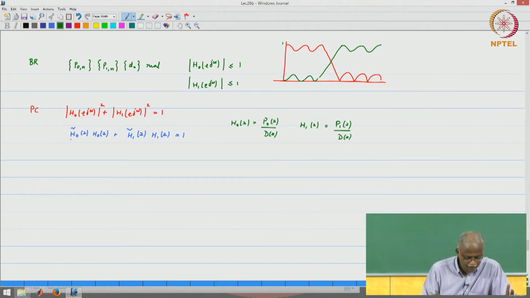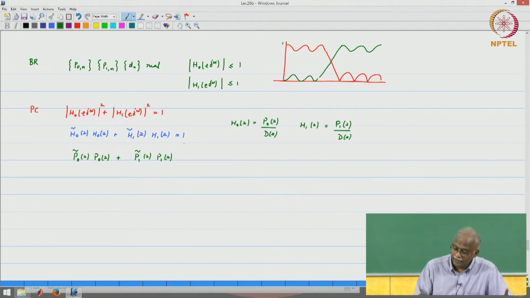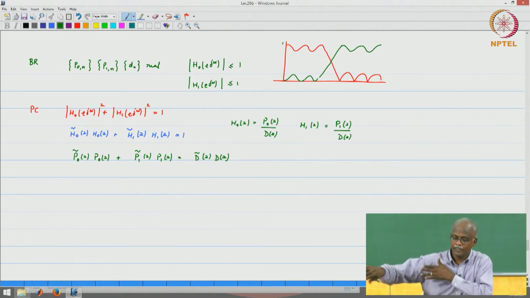Substituting into this, we get a very useful form, which is P0 tilde of z times P0 of z plus P1 tilde of z times P1 of z, and this is equal to D tilde of z times D of z. Basically I have cross multiplied.